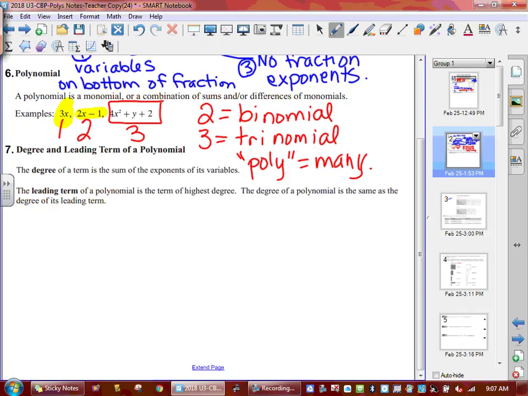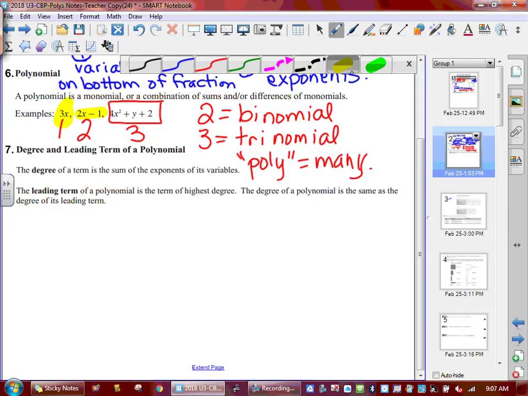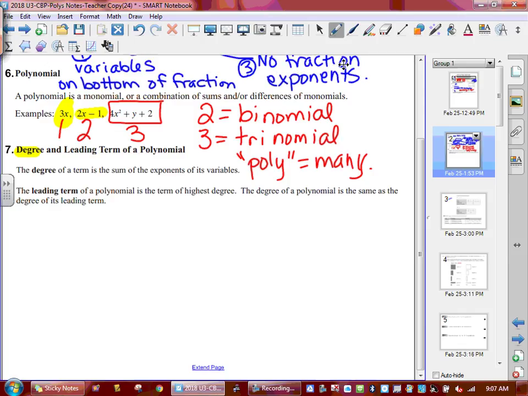Now we're talking about the degree. So this first little bit's a whole bunch of definitions. We're going to put it in a chart and see what it looks like. So, degree is the leading term of a polynomial. The degree is the largest exponent on the variable, or the sum of the exponents of variables that are connected.